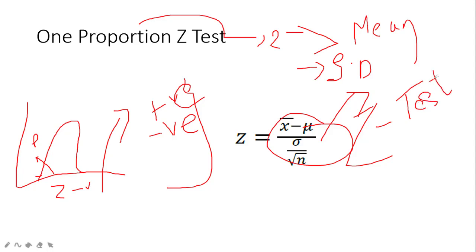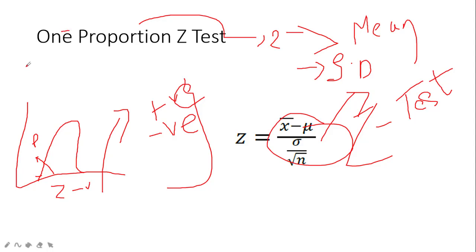This is how you need to check things and go ahead to use this proportion. This is how you use the Z test in one proportion.